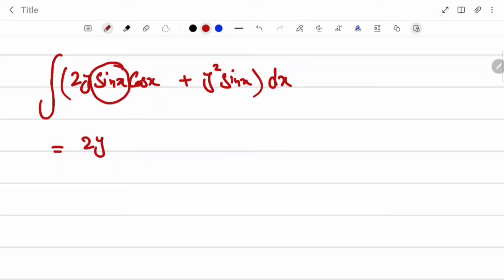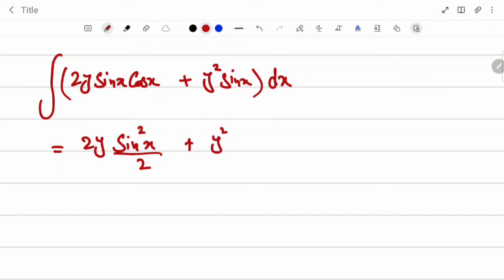Can you tell me, we have a notation where there is a function and there is the derivative of that function? Yes, we have. The derivative of sin x is cos x, so we can simply increase the power of sin x and divide by 2, then plus y² as it is.